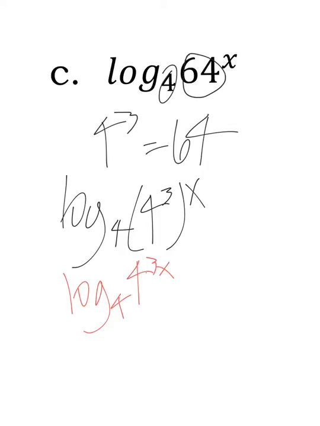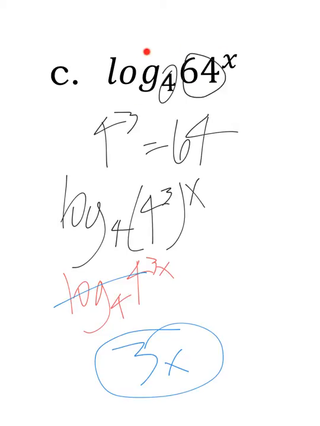And like I said in the other explanations, if you have the same base and the same number inside, log base 4 of 4, they will just cancel each other out. So the answer would just be 3x, okay? Because this is just simplifying it. It's not an equation. It's not going to say x equals 10. We're simplifying this, so this just boils down to that. That's the takeaway piece right here.